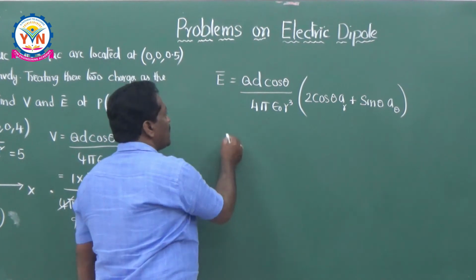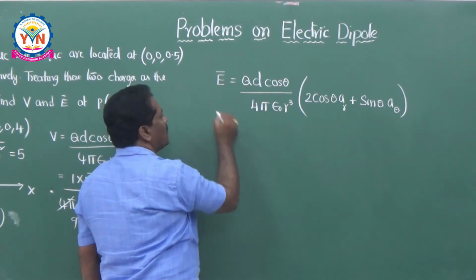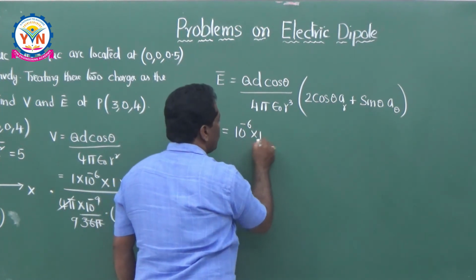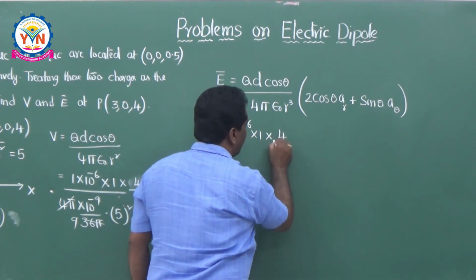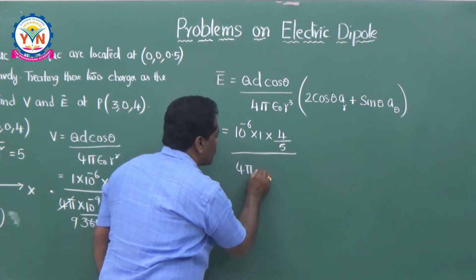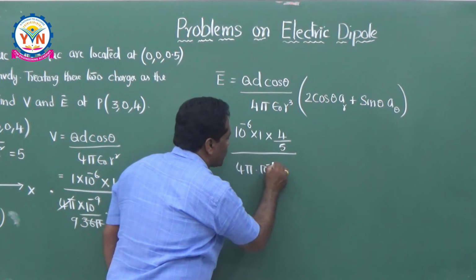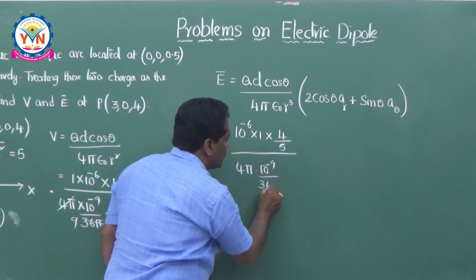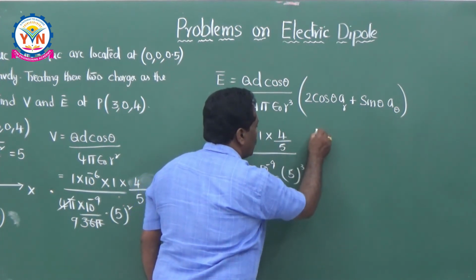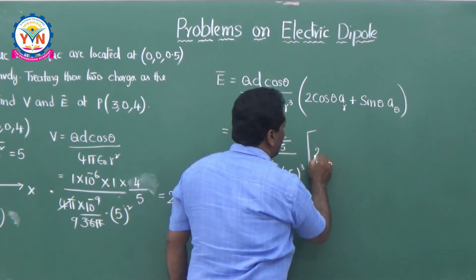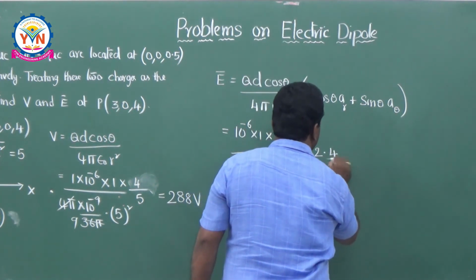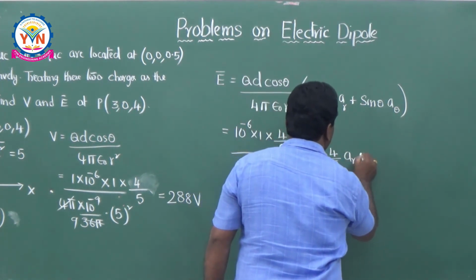So just substitute the values here. What is the charge? 1 micro, 10 to the power of minus 6. D means 1. Cos theta means 4 by 5. And 4 pi epsilon naught, what is epsilon naught? 10 to the power of minus 9 by 36 pi, into r cube. The distance is 5 whole cube, into 2 cos theta, 2 into 4 by 5 AR plus sin theta.